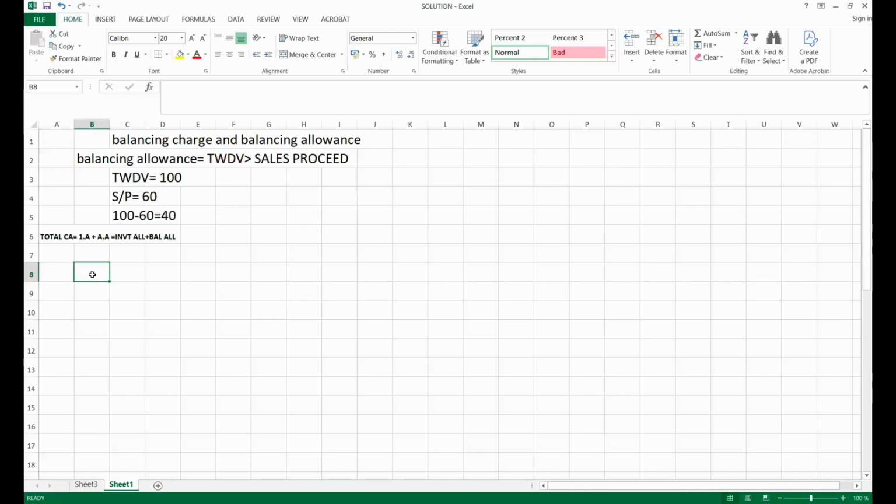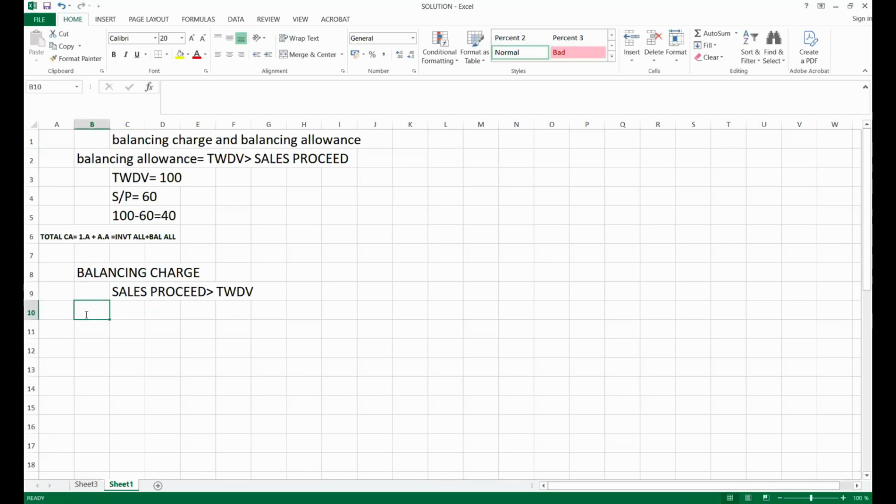So we also have the second one, which is balancing charge. This arises when the sales proceeds exceed, that is, are more than the tax written down value. So when the sales proceeds are more than the tax written down value, you have a balancing charge.